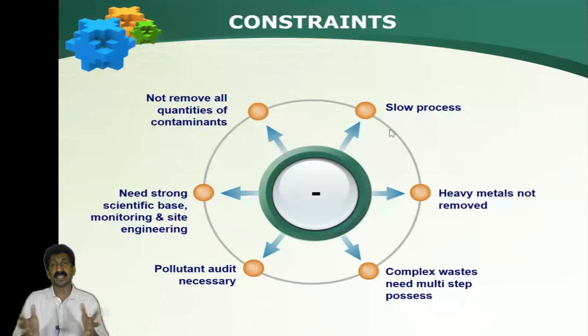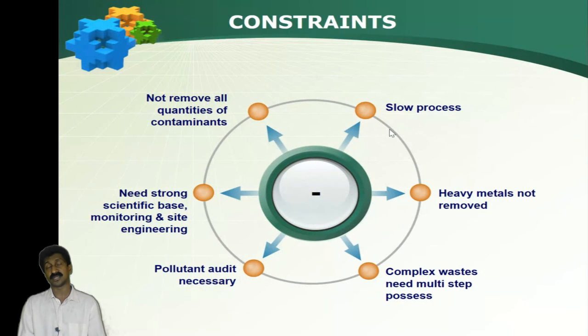They may be aggregated, but heavy metals cannot be entirely removed from the environment. They will exist, but you can remove them from some site, aggregate them and remove them. That's all. Then complex waste needs a multi-step process.